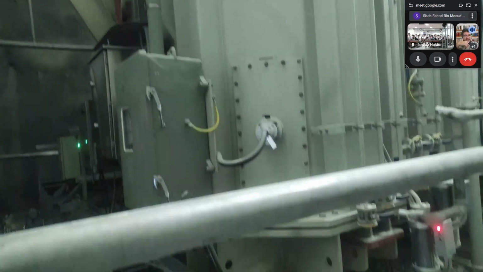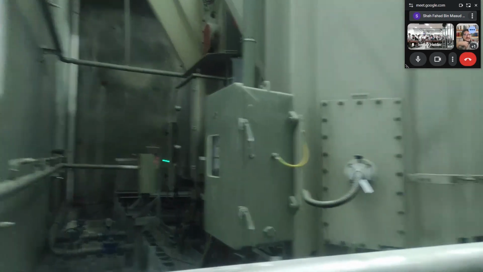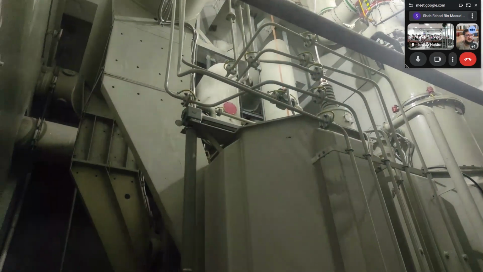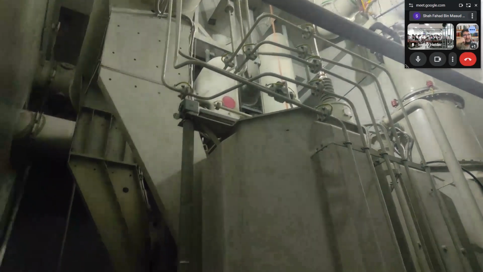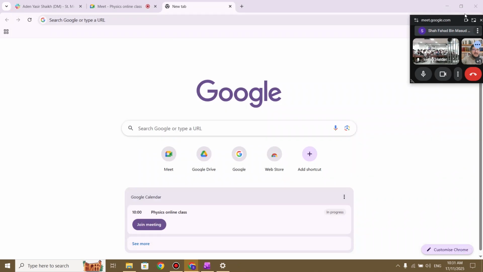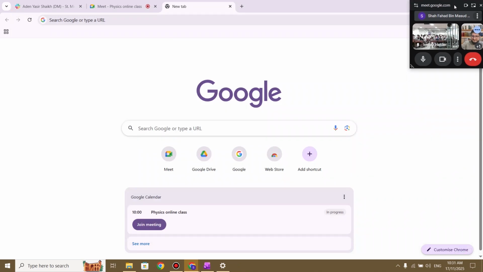Just look at the size of the step up transformer, which is actually converting this 18,000 volts into 500,000 volts, 5 lakh volts. After that the current enters into the electric grid and then it reaches our homes. So this is the whole mechanism behind the transformers.